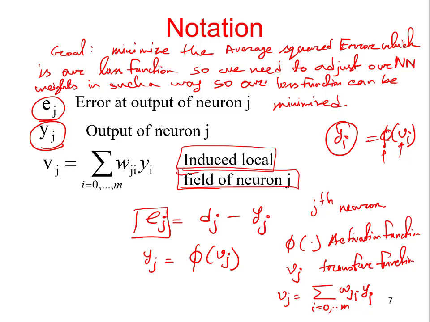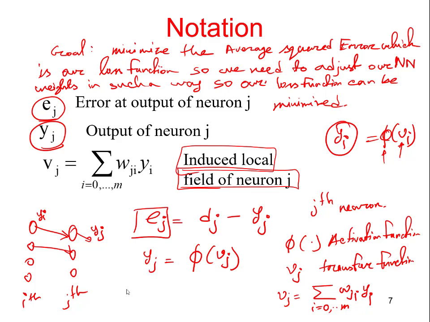The output of the ith layer will be y_i's, and these will connect to the jth layer, which is considered as the output layer. So we can consider this as the ith layer and these as the jth layer. These outputs are considered as y_i, and these outputs are considered as y_j. I am trying to depict these things in the picture. These are the main notations that we are carrying out.